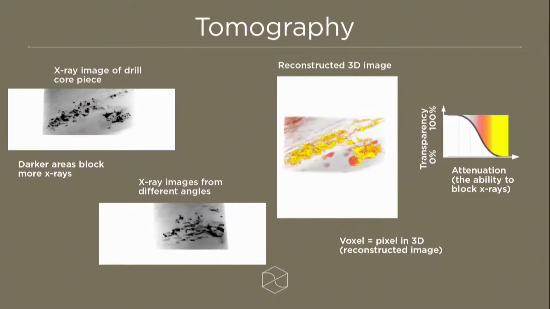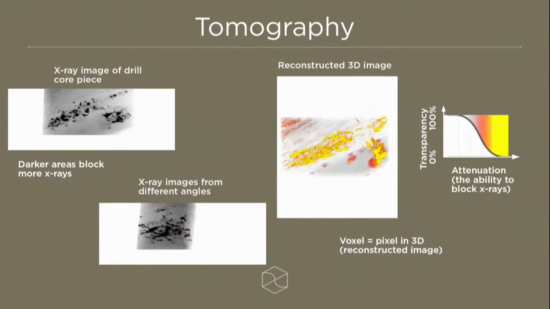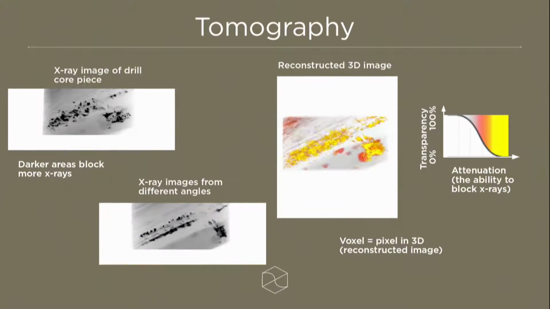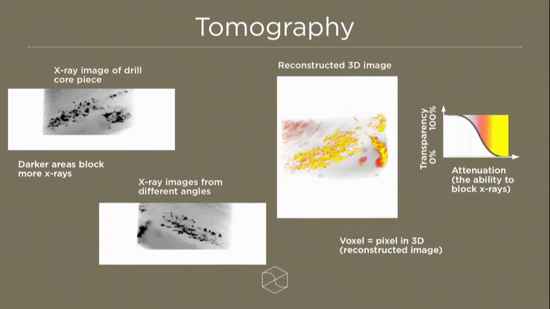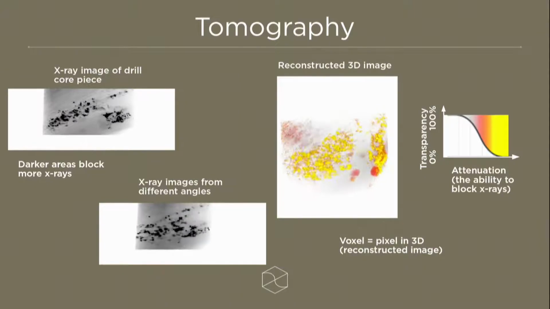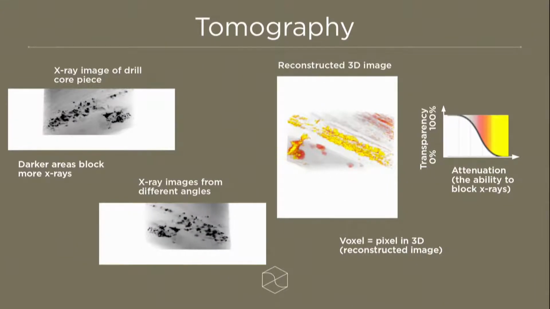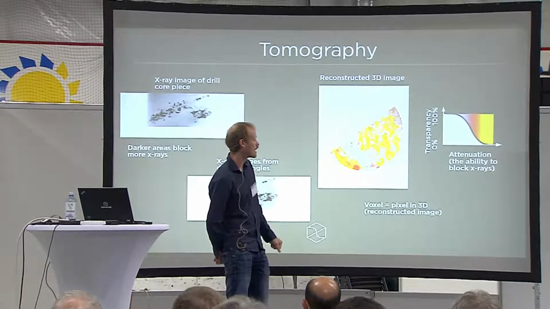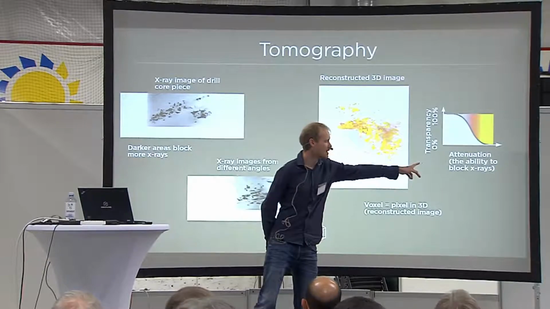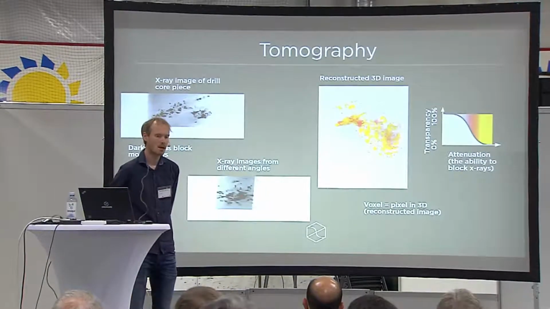In this video here, you see these X-ray images taken from a lot of different angles. And when you have done that, you can apply elaborate algorithms and powerful computers to reconstruct the 3D attenuation of the sample. Attenuation is the ability of the material to block X-rays.